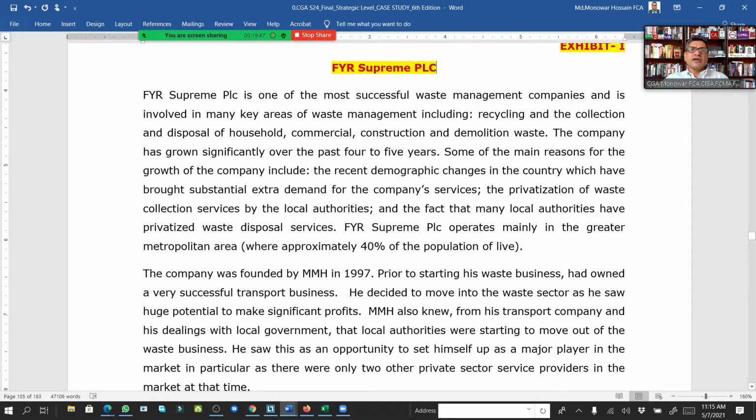So it is fundamentally a waste management company. The company has grown significantly over the past 4 to 5 years.